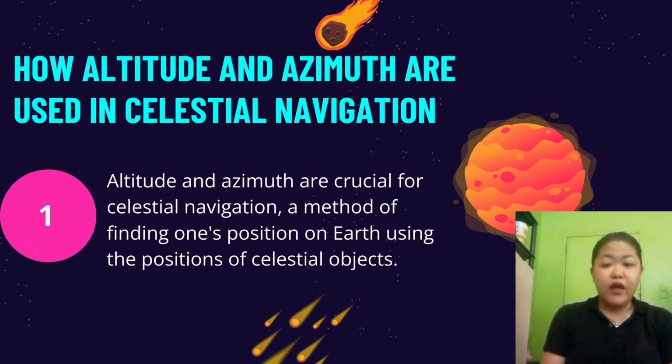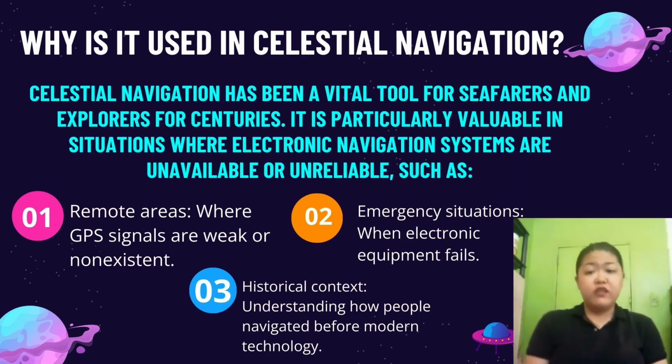These measurements are then used in conjunction with astronomical tables or software to calculate the observer's position. The key principle is that the altitude and the azimuth of a celestial object vary depending on the observer's location and the time of observation. So, why is it used in celestial navigation?